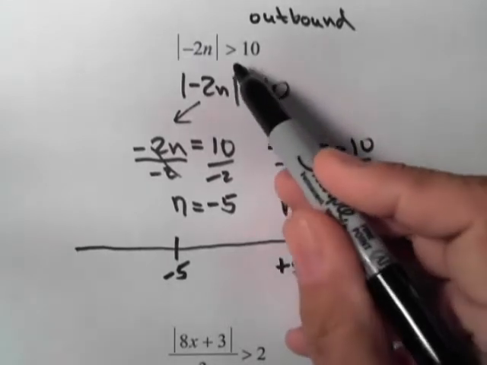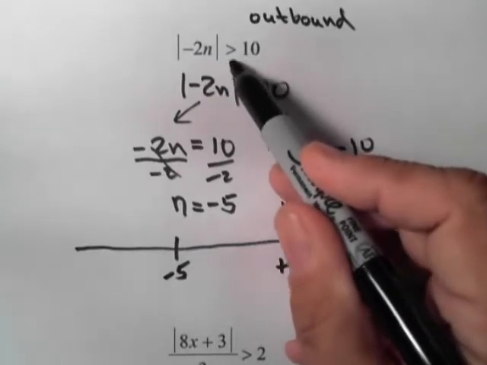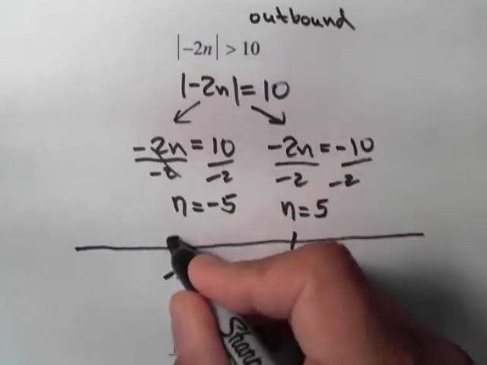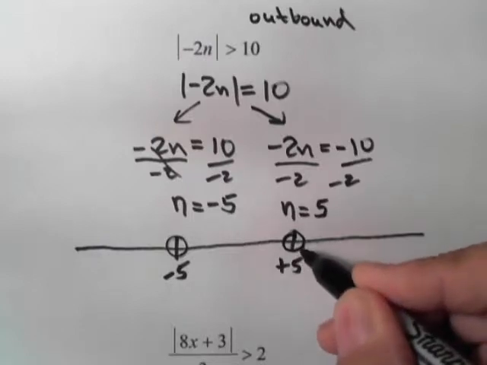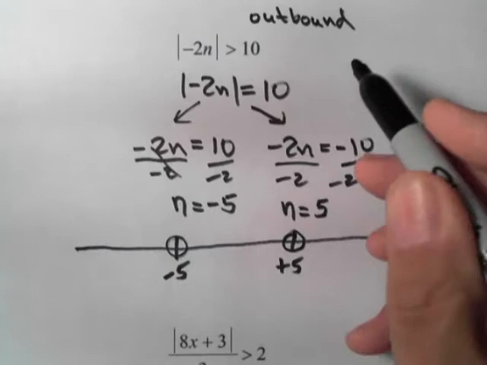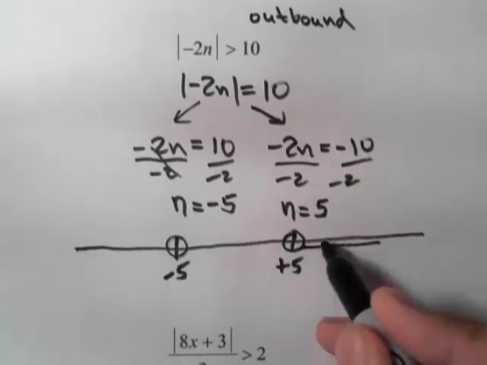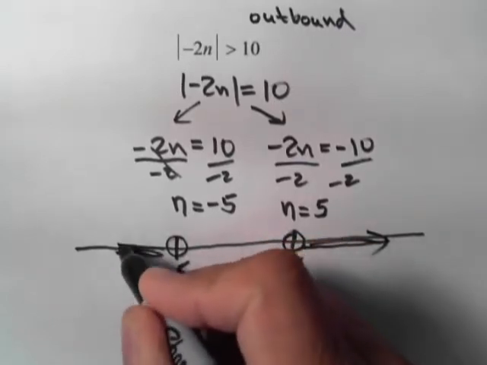Now notice, in the original inequality up here, we didn't have the equal bar with the inequality, so since they're strict inequalities, we have to make open circles here, not solid. Well now, this is outbound. Outbound simply means all you do now is just show the answers going outwards either way.